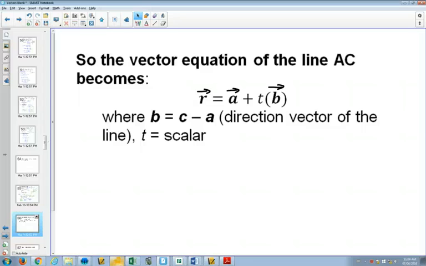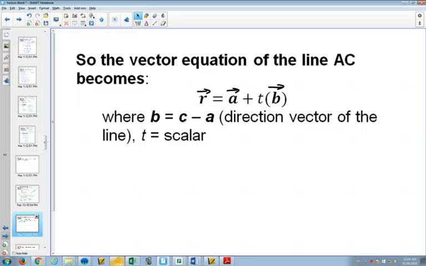So unlike y equals mx plus b, which has a slope, the m, that's very much like your direction vector b, because your slope tells you how far to go and what direction your line's going. So slope and direction vector are basically the same thing.